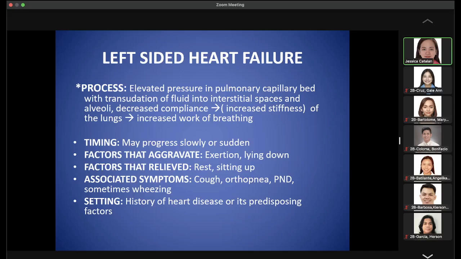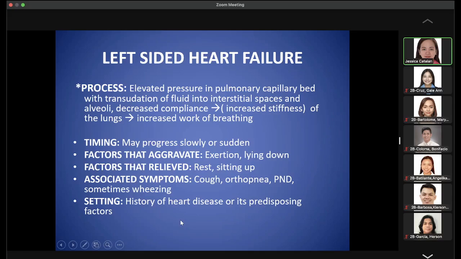And common na during sleeping, they use a 2-pillow or 3-pillow. Okay? So that's 3-pillow orthopnea. So para ma-relieve sila of the difficulty of breathing. Tendency kasi parang nalulunod sila kapag naka-supine position. Of course, you will only entertain this in a patient na nagko-complain ng difficulty of breathing kapag may setting ng heart disease.